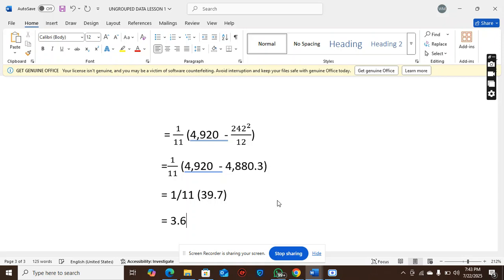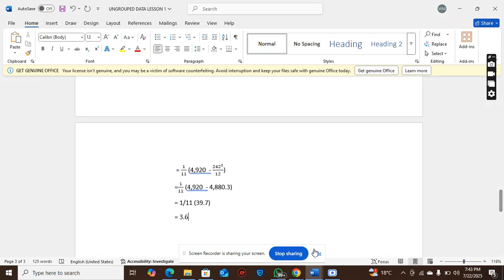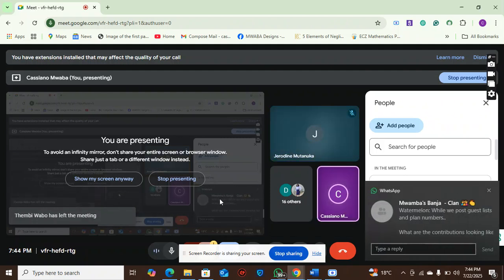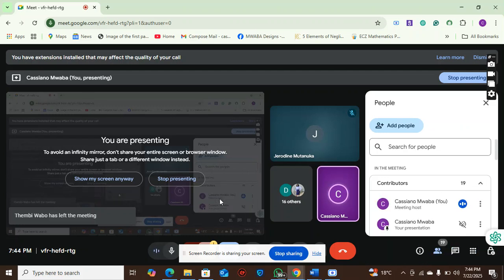3.6. So as I said earlier, a small standard deviation in this context means the sales were not fluctuating that year. They are very close to the mean.